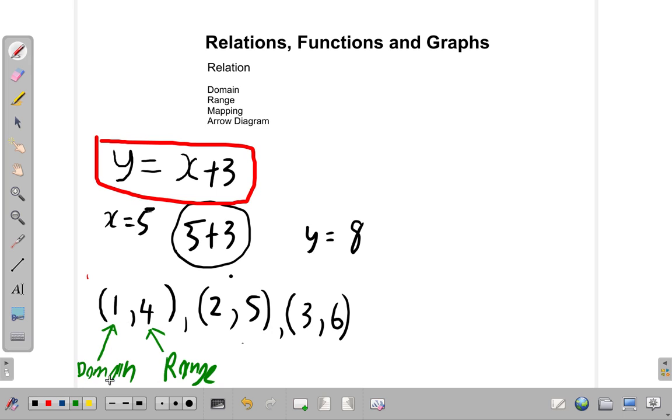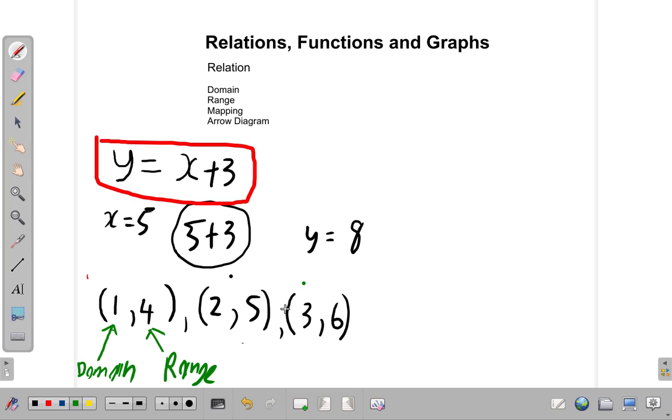So you have dominate, domain. Alright? That's the domain. In this case, 2 is the domain and 5 is the range because I put in 2 and get out 5. 3 is the domain and 6 is the range because I put in 3 and get out 6. So these are the ordered pairs. You put in what is on the left and get out what is on the right. Don't switch them around.